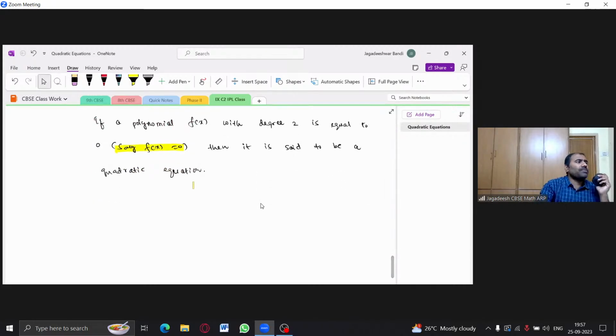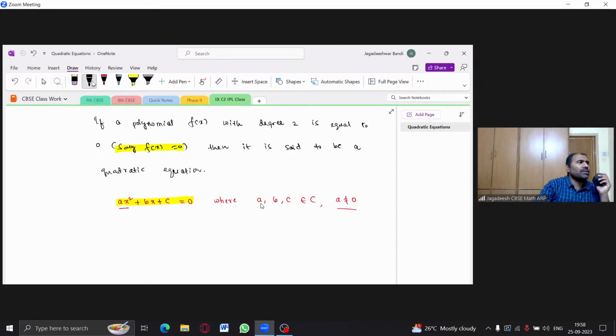The standard form of a quadratic equation is always written as ax square plus bx plus c equal to 0, where a, b, c belong to complex numbers, and of course a is not equal to 0, compulsory. This is very, very compulsory. Why? Because if a equals 0, then the x square term will become 0, since 0 into x square is 0, and it becomes a linear polynomial again. Hence, always a is not equal to 0. So this is the standard form of a quadratic equation.